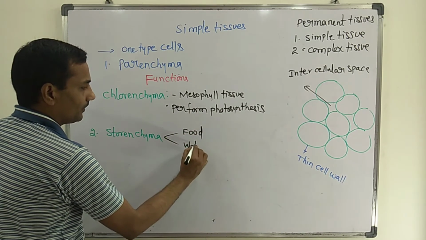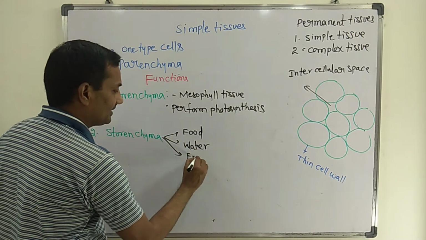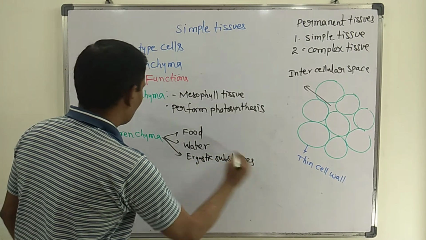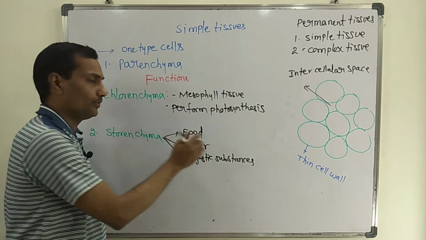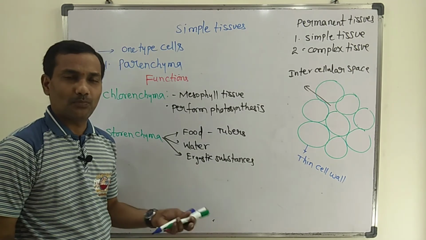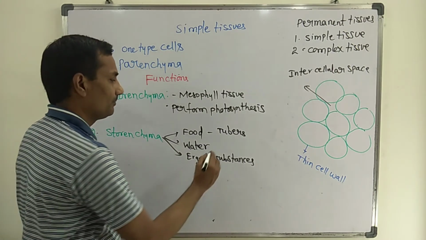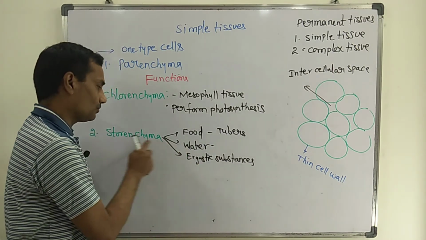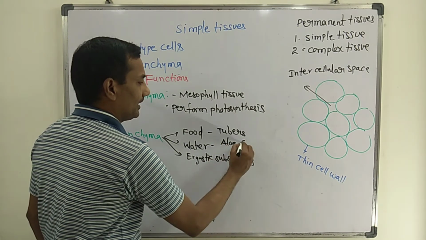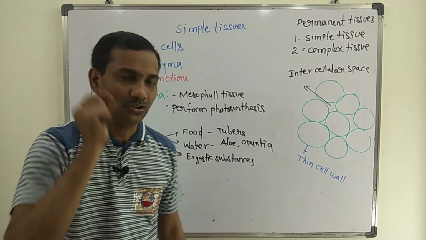It may store food, for example in tubers like potato. For water storage, storenchyma is found in aloe vera and Opuntia.